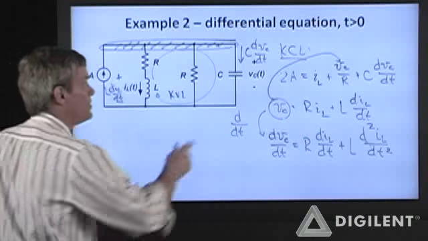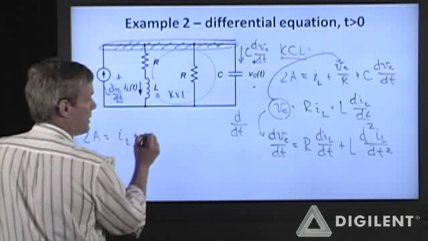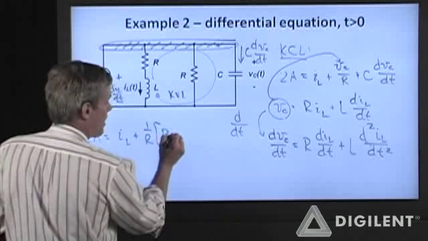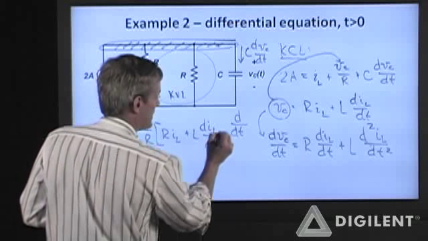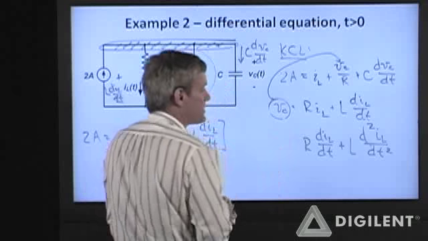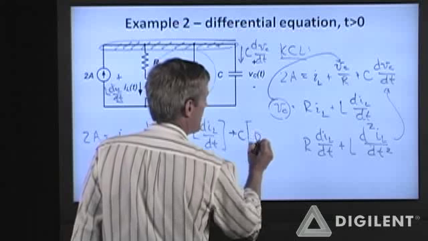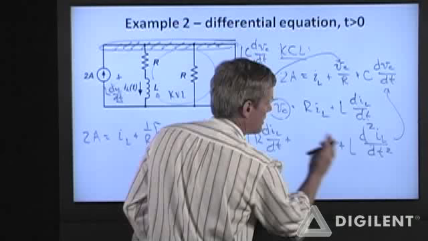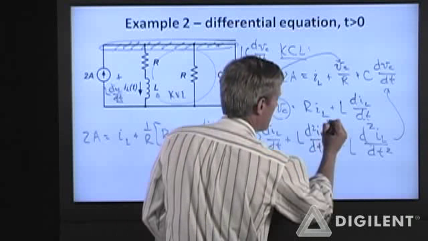So making those substitutions, I have 2 amps is equal to I sub L plus 1 over R times R I sub L plus L dIL by dt, plus, I want to plug this in here, so I have C times R dIL by dt plus L d squared IL by dt squared.